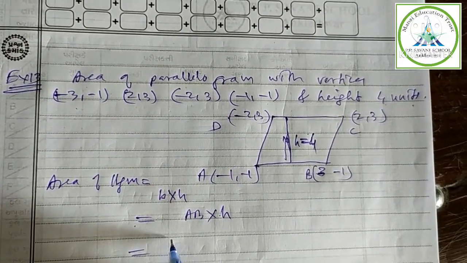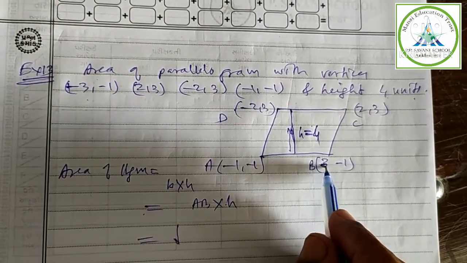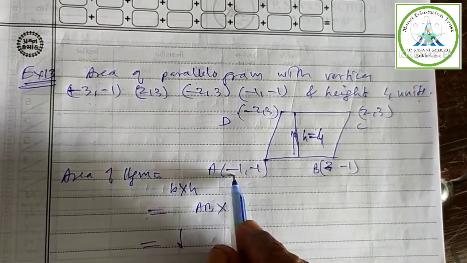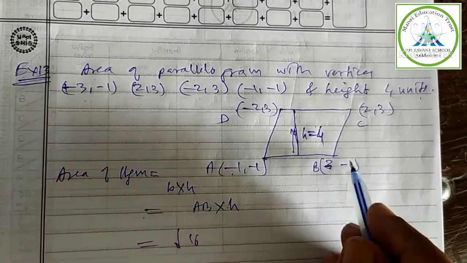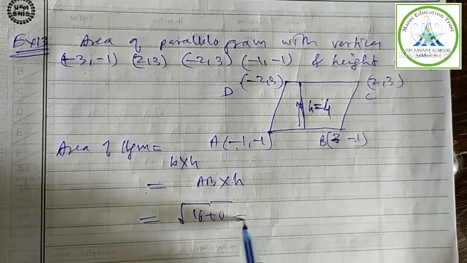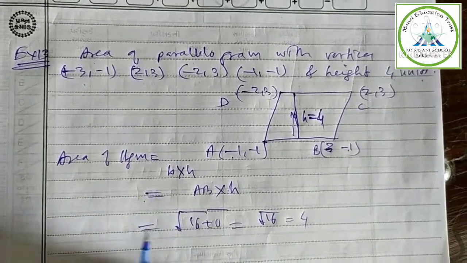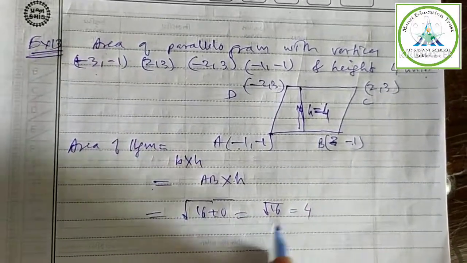Look here, AB is how much? Under root, 3 plus 1, 4 square 16, minus 1 plus 1, 0. Yes or no? That is root 16. Root 16 equal to 4.